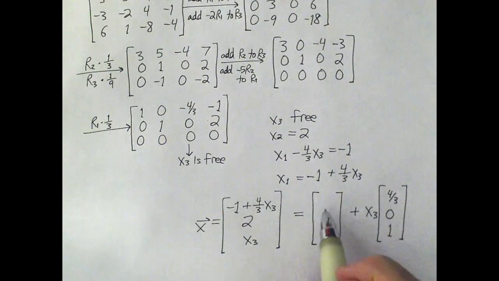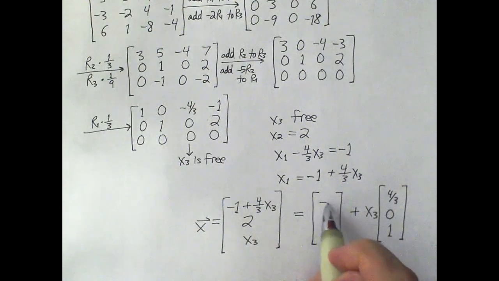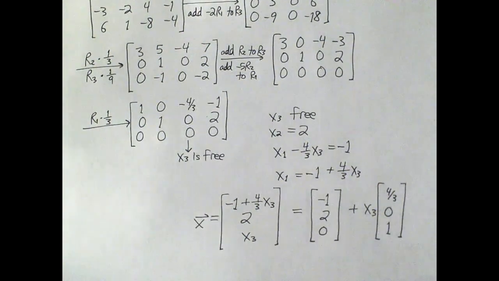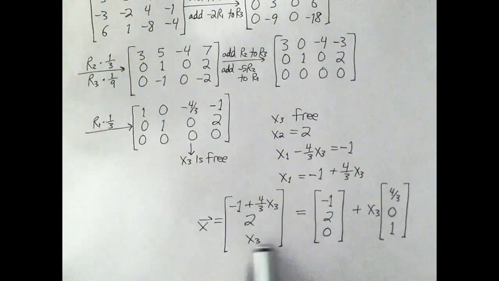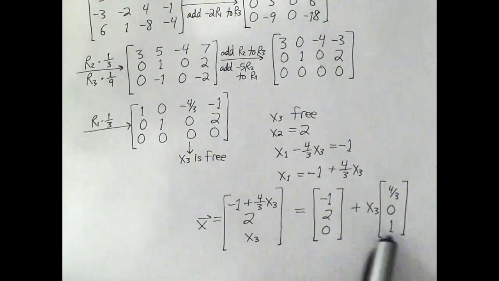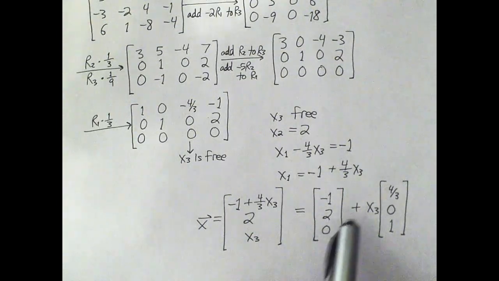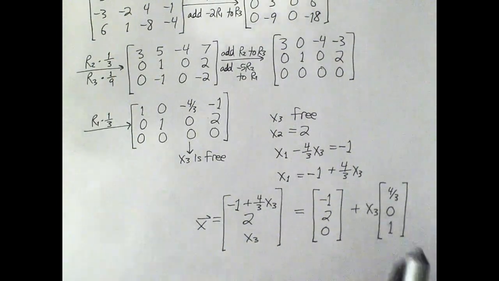Then this first vector is going to have everything that was not attached to an x3. So that's where the -1 goes. That's where the 2 goes. And the final entry just gets a 0. And you can verify that the one vector here equals this vector plus x3 times this.